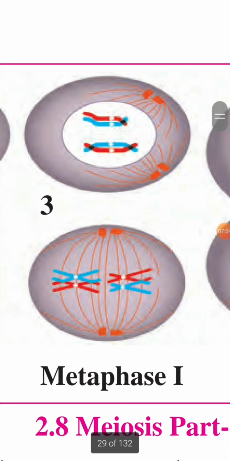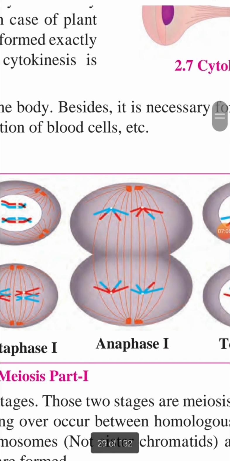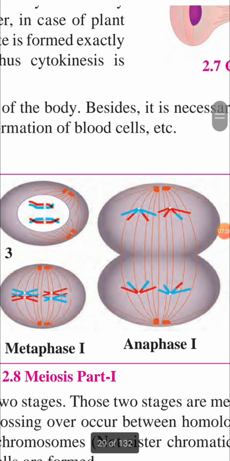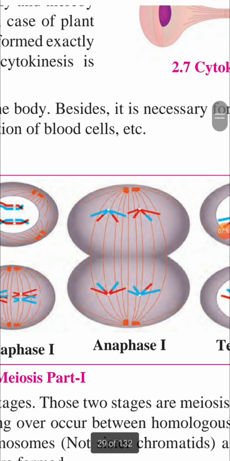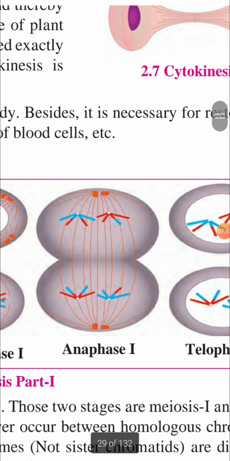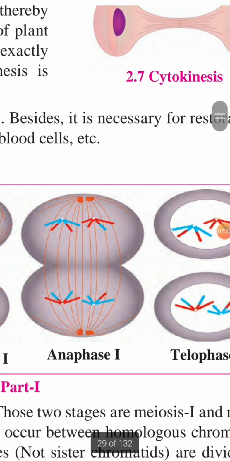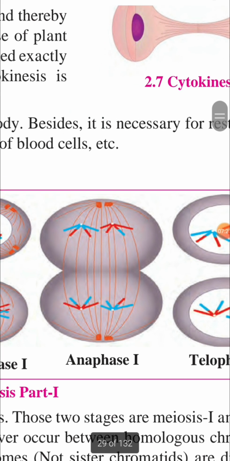That only happens here, in metaphase 1. In anaphase 1, we can clearly see that the centromeres do not split, and sister chromatids, not non-sister chromatids, are pulled apart in opposite directions. We can easily see this in the anaphase 1 figure.